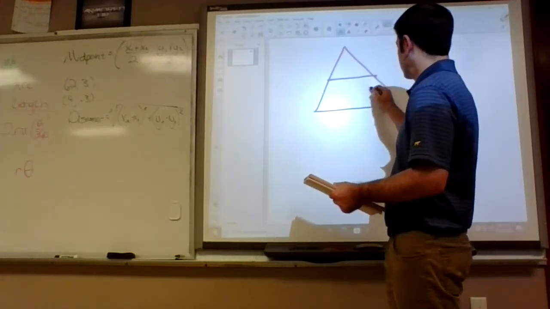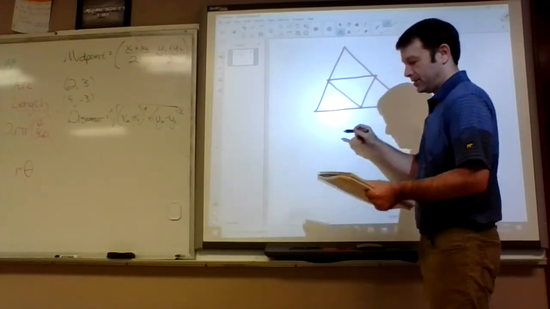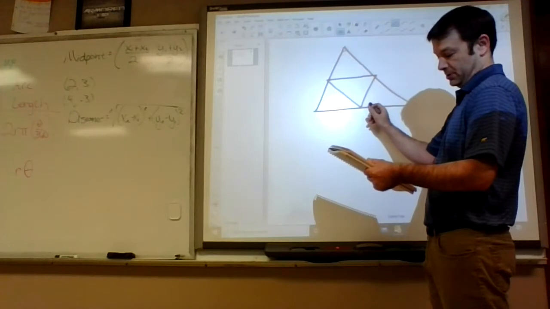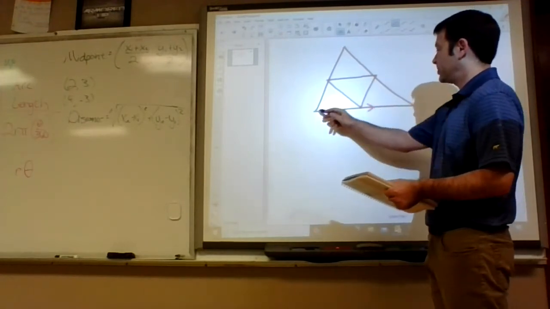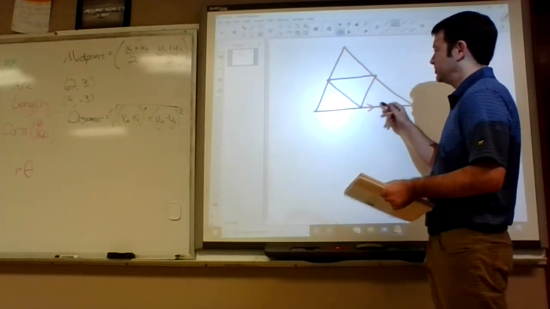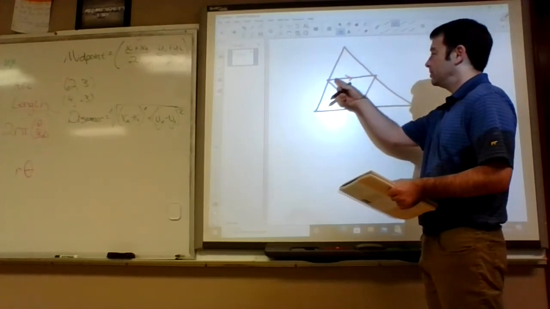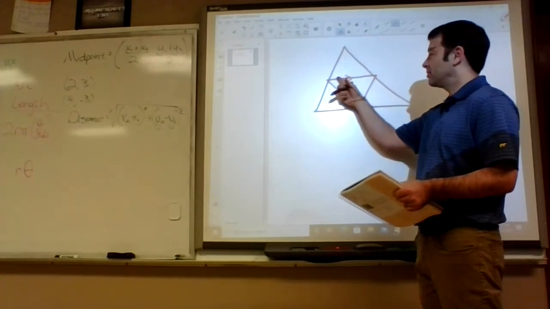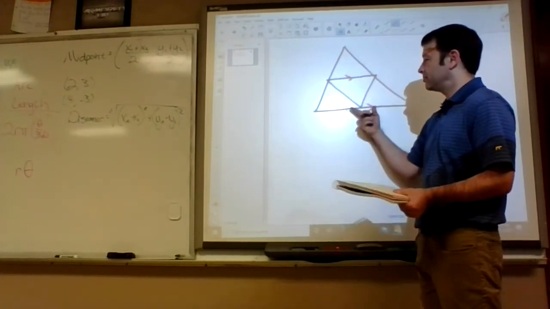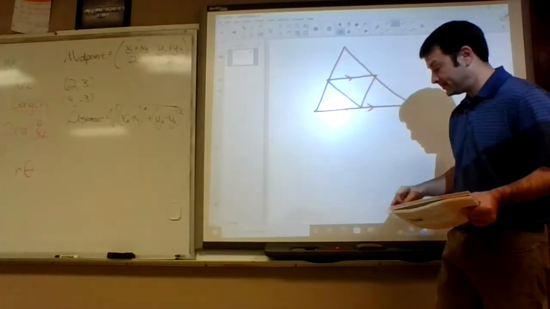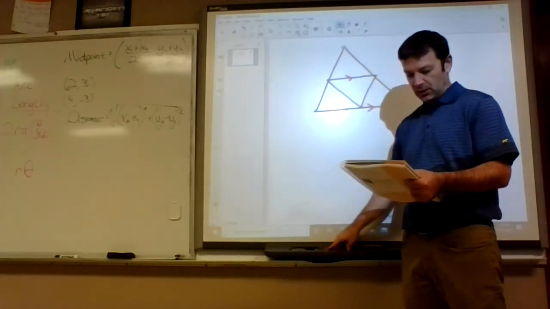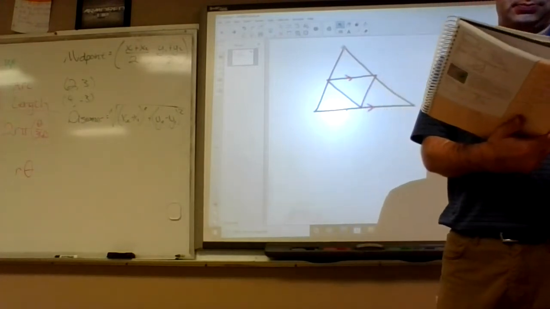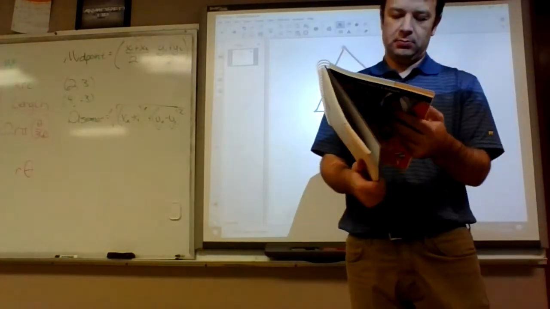Let me draw this. Not KL. Okay. Here's JL. JL is down here, right? This bottom line. What is it parallel to? This one. The mid-segments are always parallel to the other side. Number 3, what is KL parallel to? ZY.